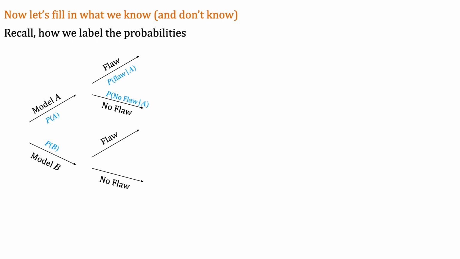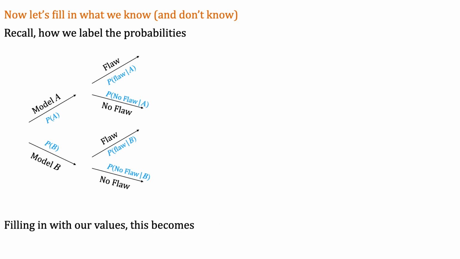So flaw and no flaw there are the probability of flaw given A and the probability of no flaw given A. Similarly, in the B branch, we already know B happens. So flaw is the probability of flaw given B, and no flaw is the probability of no flaw given B.